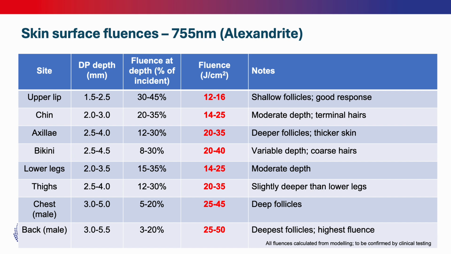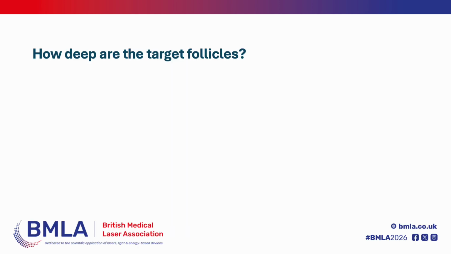So clearly what this shows is that as we target different sites across the body, we must use different fluences to account for the thickness of the skin and the depth of the papillas, if indeed that's our goal. So all of this is done purely from modelling. It needs to be confirmed with proper clinical testing at some point.